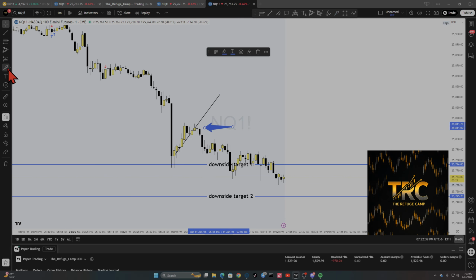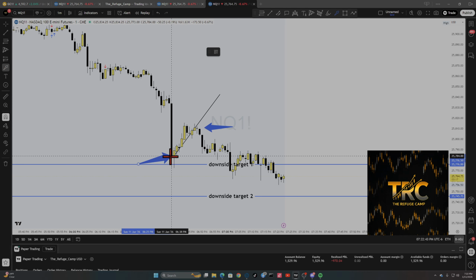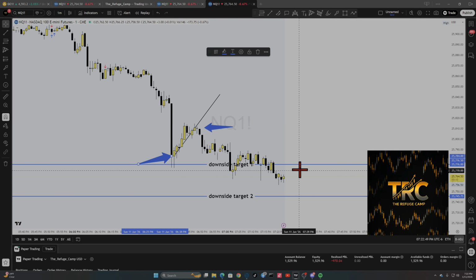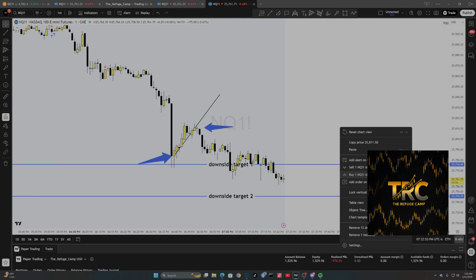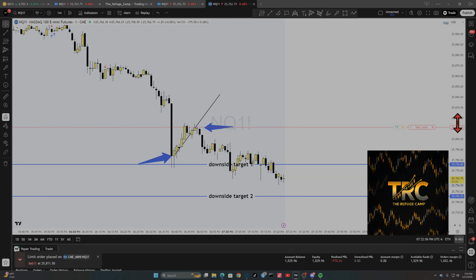And your first target for profit is going to be the bottom of these two candles. So what that would look like is if you took a trade right here, right? Your entry would be right here at this trend line.